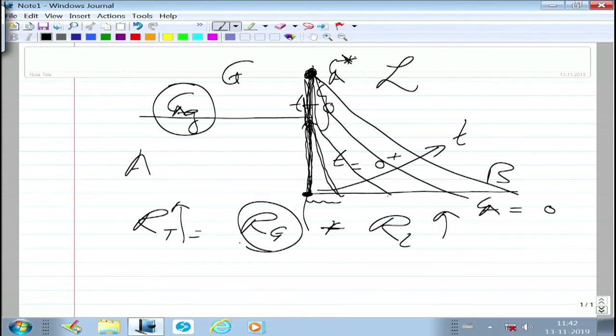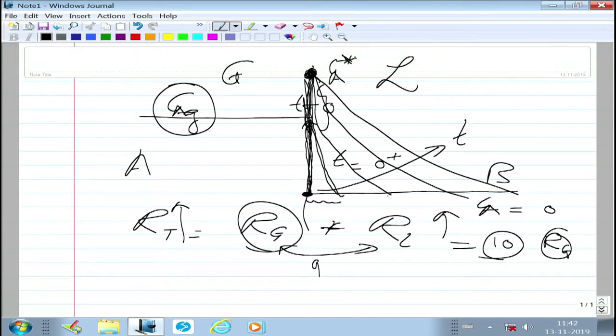This will become 10% of the total when the liquid phase resistance becomes 9 times the gas phase resistance. Then the total will be 10 times Rg, and Rg will become 10% of the total. Clear? So our question about finding the time at which Rg becomes 10% of total will be reduced to finding the time when RL becomes 9 times Rg.